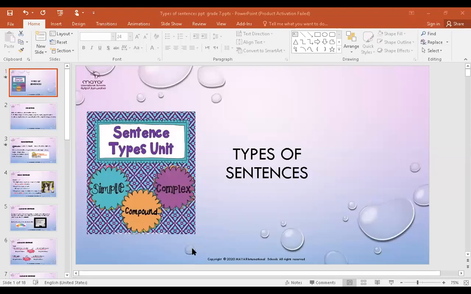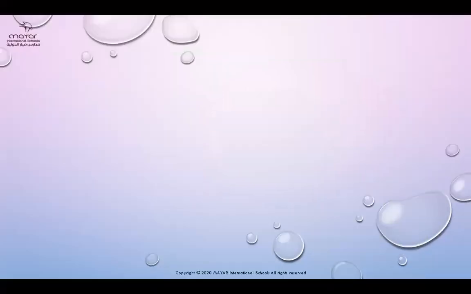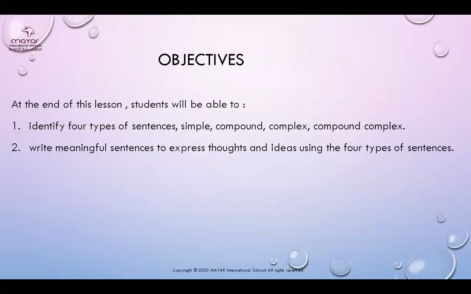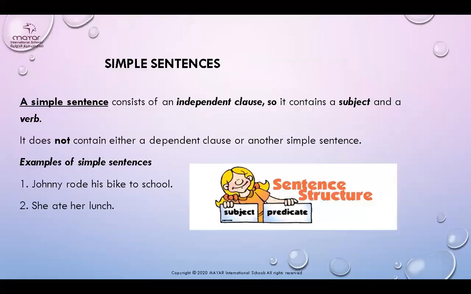Good morning. Good morning, teacher. Hello, can you see the screen, honey? Yes. Okay, what can you see? Types of sentences. That's good. Okay, I will move the slide now. If you can see the following slide, just tell me. Yes, we can see it.